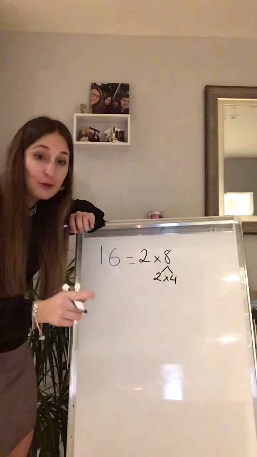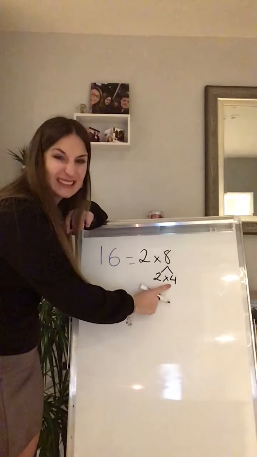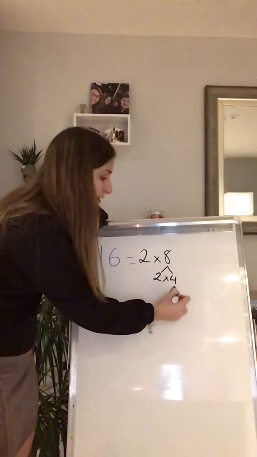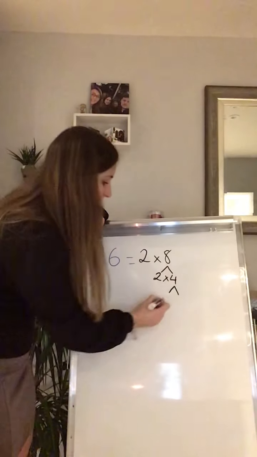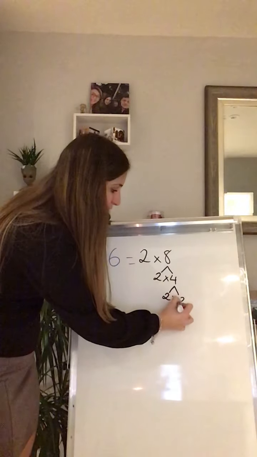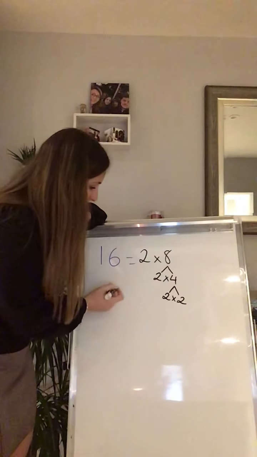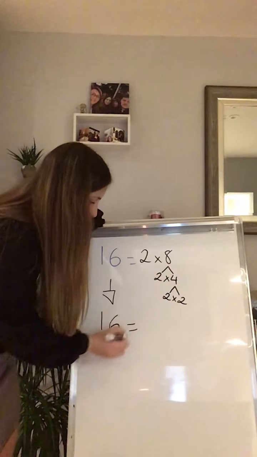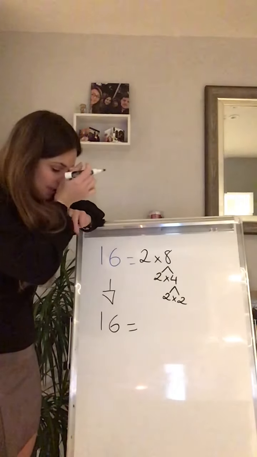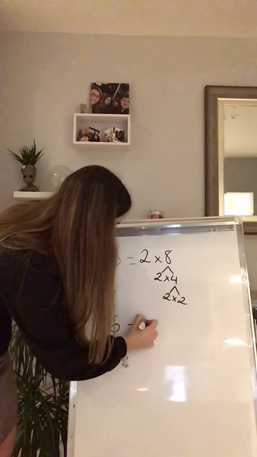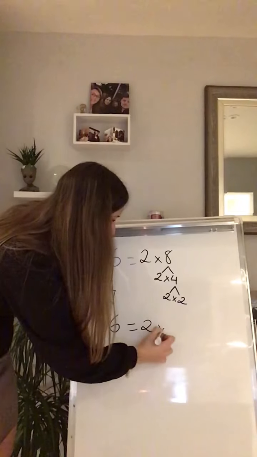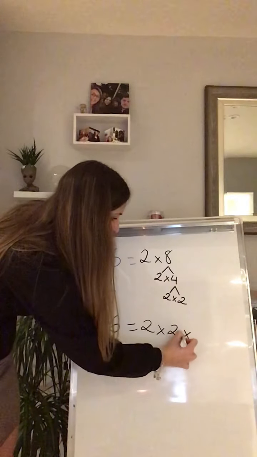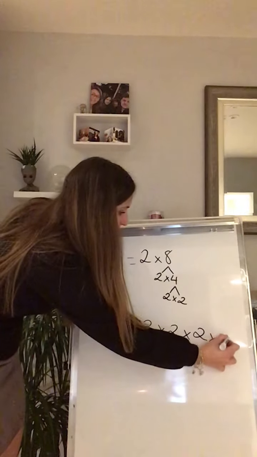Then I know that 2 is prime, but 4 is not a prime number. So I know that to get the 4, I need 2 times 2. So what would be the answer for 16? I will get the product of 16 by using 2 times 2 times 2 times 2.